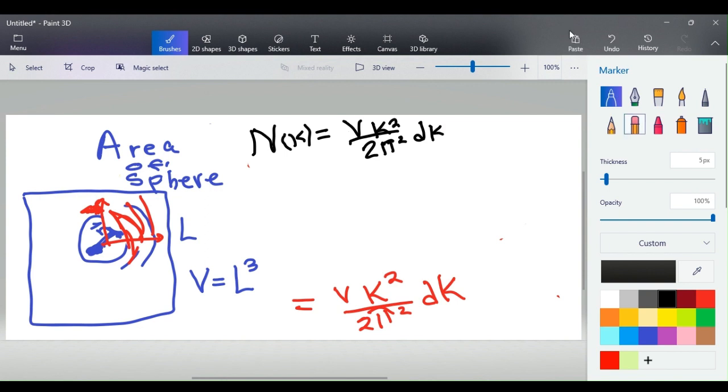And I can erase this bottom part because I don't need to copy that anymore.